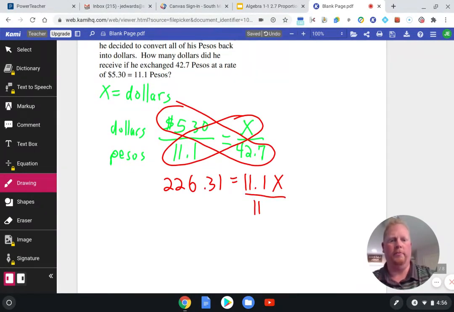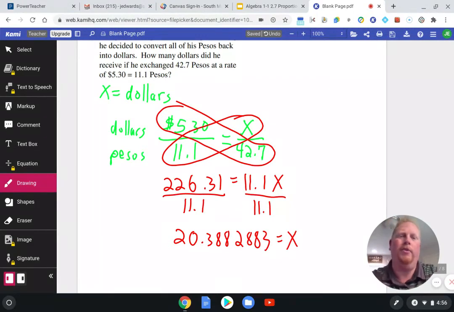Divide by 11.1 on both sides. And I get 20.3882883. Now again, I don't want some nasty, ugly decimal. So let's make sure that this makes sense in context of what we're doing. If we're going to the bank and we're exchanging our pesos, are they going to say, here's 20.3882883?